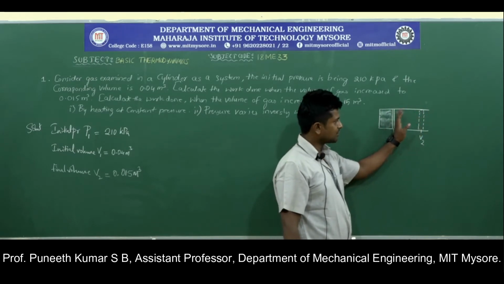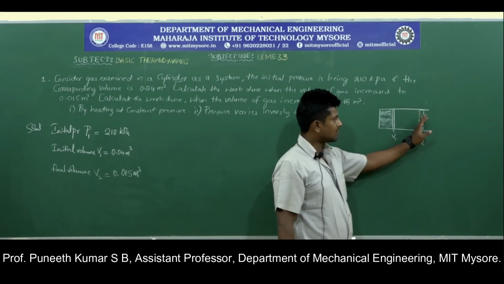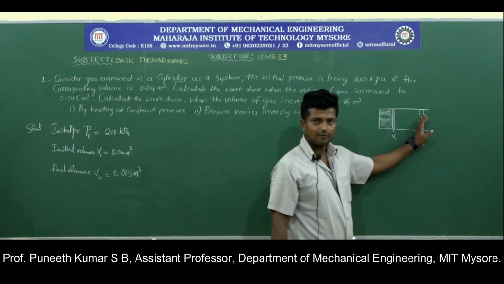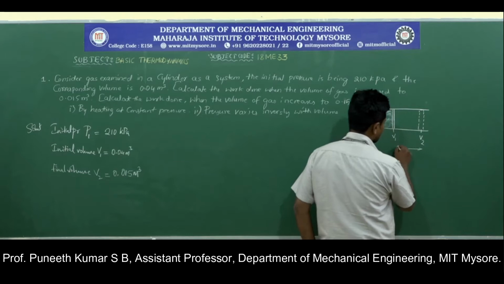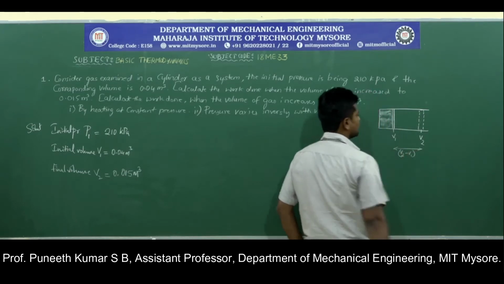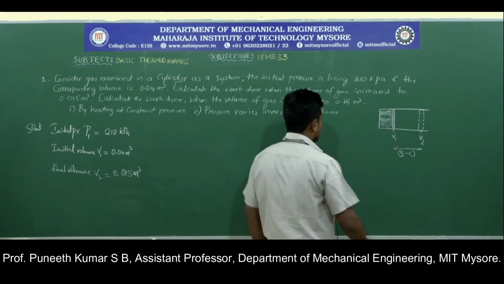This is the initial position, this is the final position. This is the amount of increment in volume of the working fluid, so we can say this is V2 minus V1, the change in volume from initial to final.